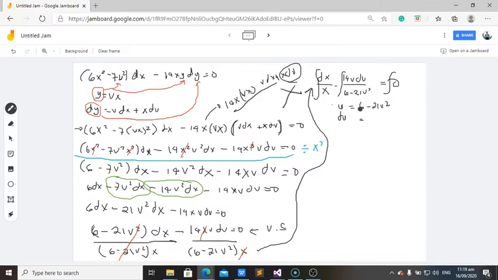So your du, derivative of 6, that is 0. Derivative of negative 21v squared, that is 2 times negative 21, that is negative 42v dv. So therefore our dv to be substituted is du over negative 42v. Okay, so substitute it to the given.